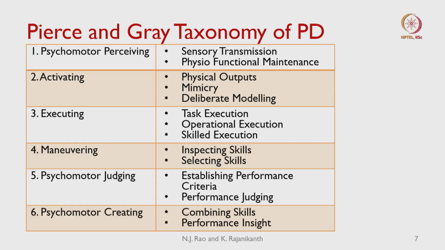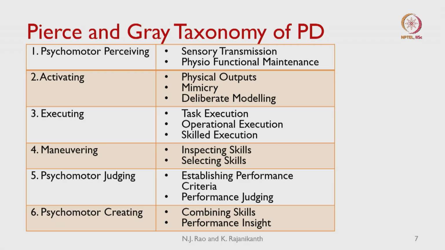Now we talk about psychomotor perceiving, activating, executing, maneuvering, psychomotor judging and psychomotor creating. These are the 6 levels that we do. As we go along from first level to 6th level, the amount of cognitive activity increases.